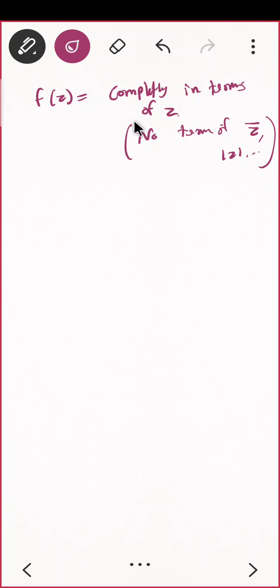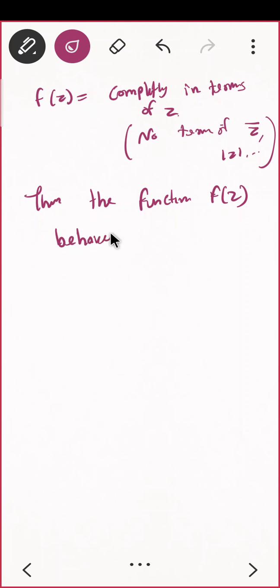You have to have only z term. Then what? Then the function f of z behaves like a real valued function.